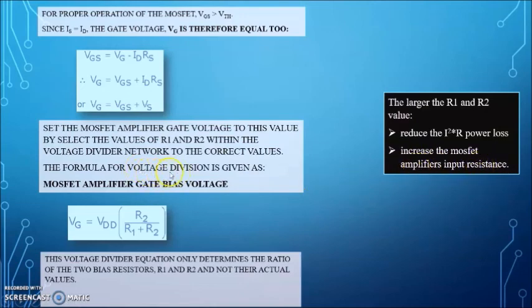The formula for voltage division is given as the MOSFET amplifier gate bias voltage VG equals VDD multiplied by R2 over R1 plus R2. This voltage divider equation only determines the ratio of the two bias resistors, R1 and R2, and not their actual values.